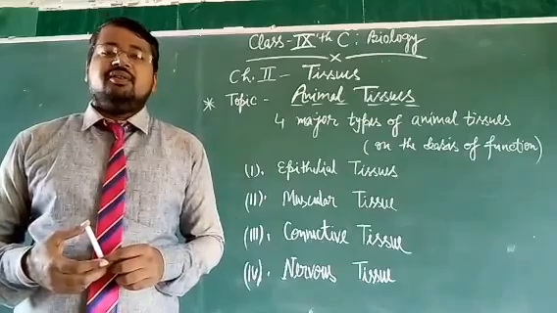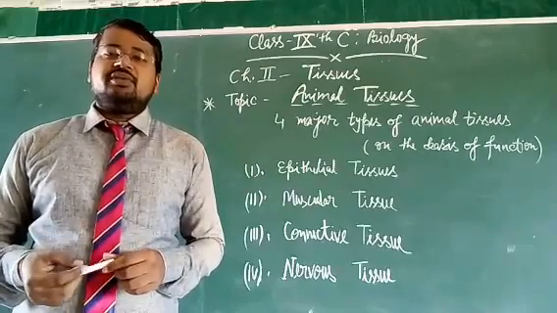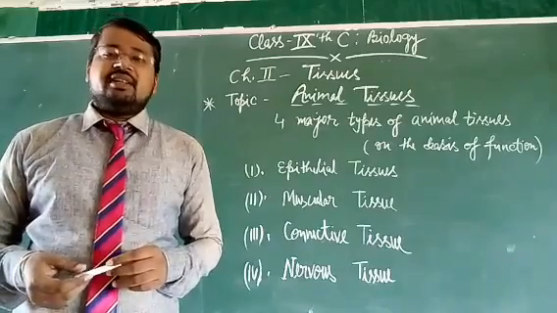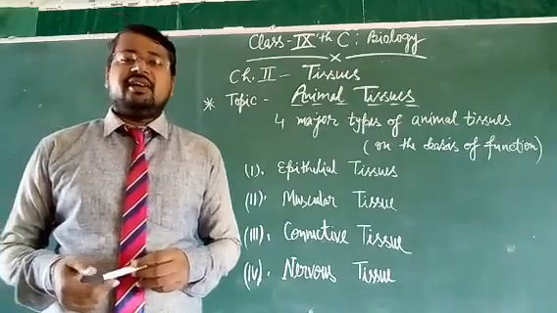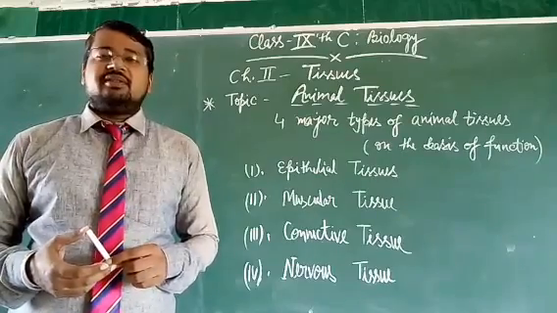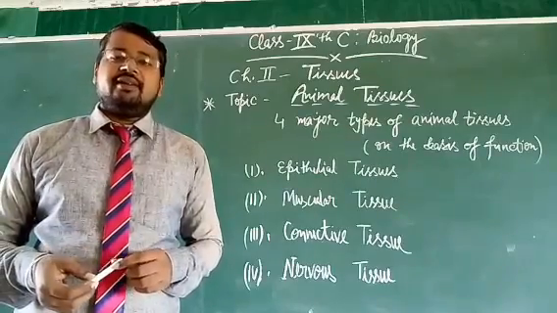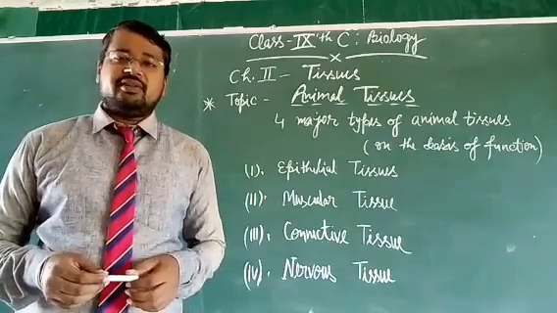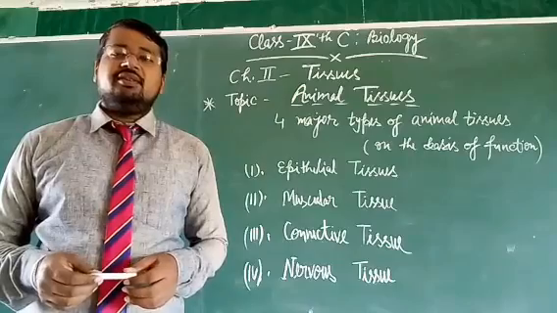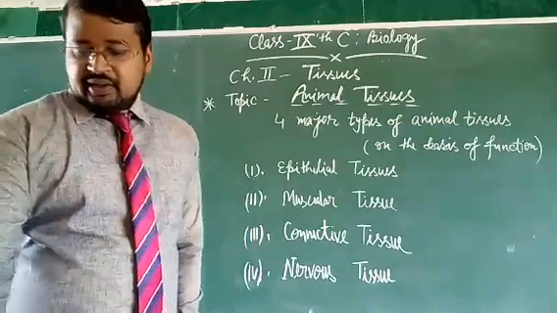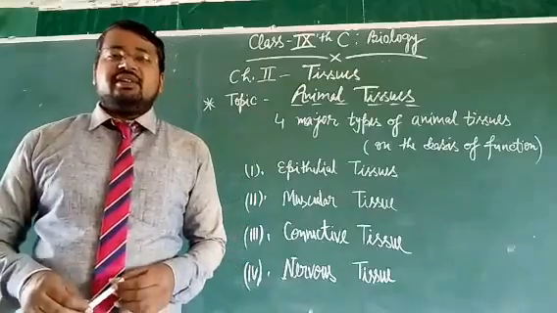To execute some specific types of functions, some epithelial cells are secretory in nature. They secrete enzymes, hormones, or mucus, the elements that are required to keep the infection away, or to keep your body moist, or to keep the temperature balance. We will see one by one the structure of these cells.